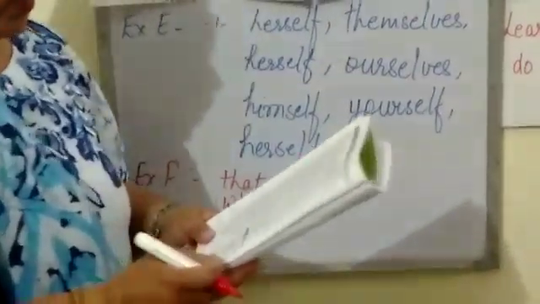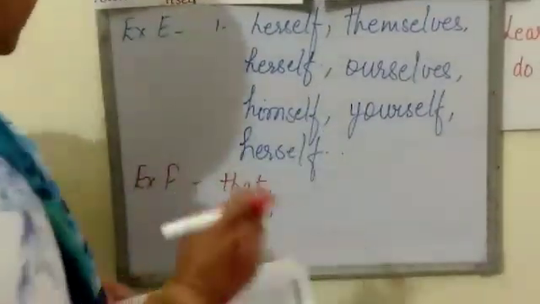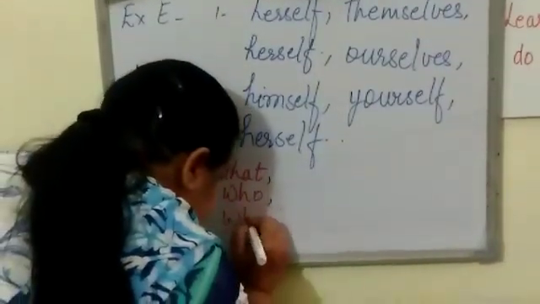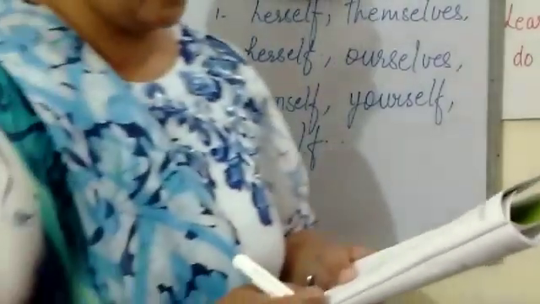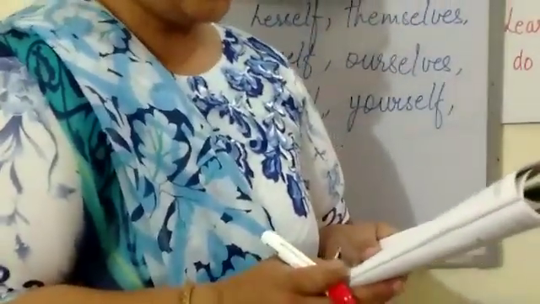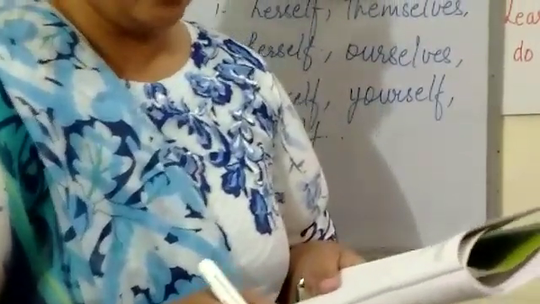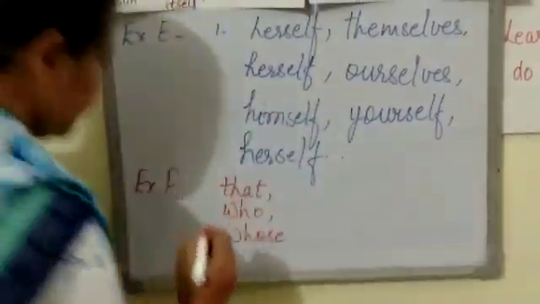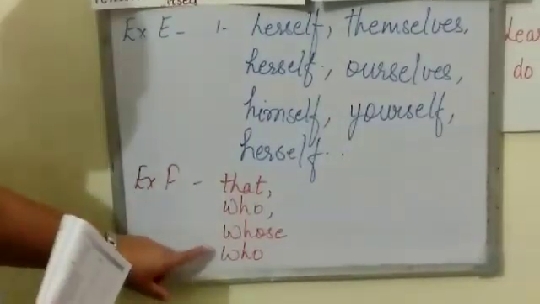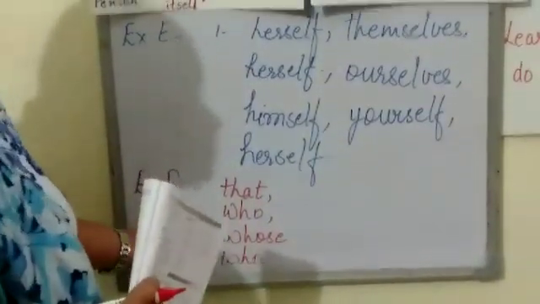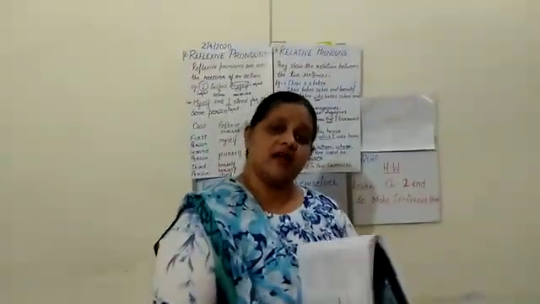Is she the girl whose books were on your table? So the third word is whose. And last sentence, Riya, yes, she is another friend who loves reading. So the last word over here is who. That, who, whose, who. These are the four relative pronouns to be written in exercise F.